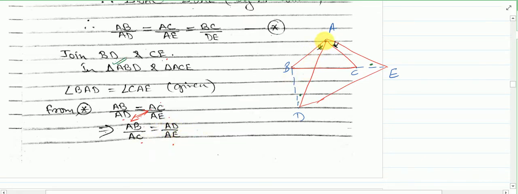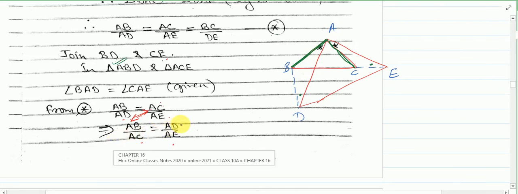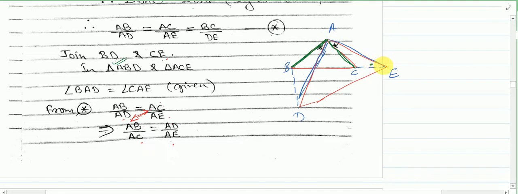So here if you see, AB is a side of this triangle ABD, okay, and AC is a side of triangle ACE, done, and then AD upon AE, so AD you see is a side of this triangle, okay, and AE is a side of this triangle, and what we are getting is that they are proportional, okay, and the angle between these sides is equal.